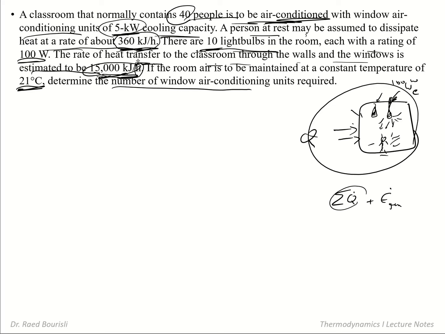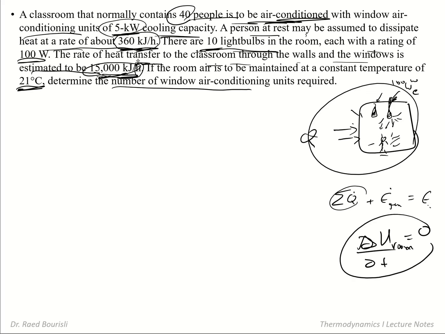And this has to be equal to the energy removal if we want to say that delta E or delta U of the room is 0, or the rate of this with respect to time is 0.